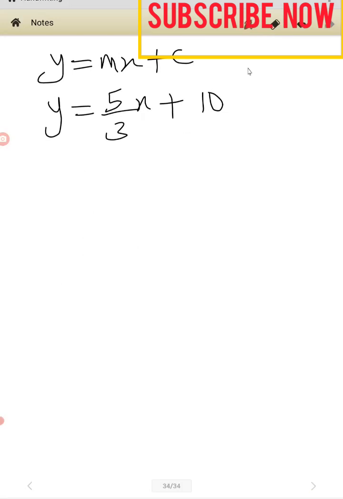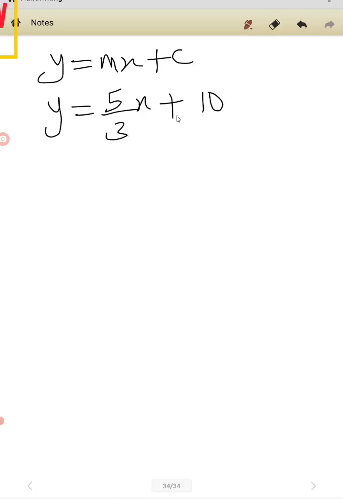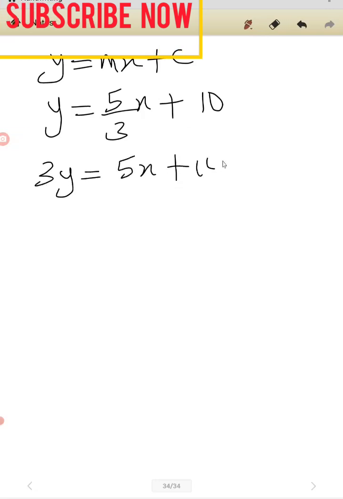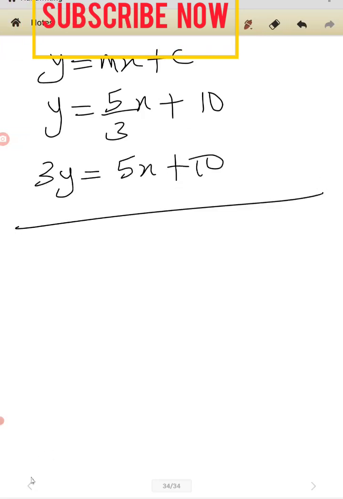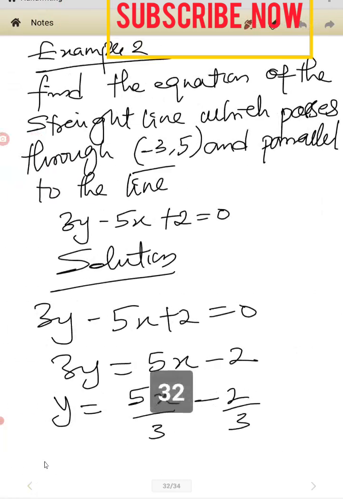That is the value of the intercept. So what you do here is multiply all through by 3 to clear the fraction, so we have 3y is equal to 5x plus 30. So that is just the answer for this question. That is how we solve it.